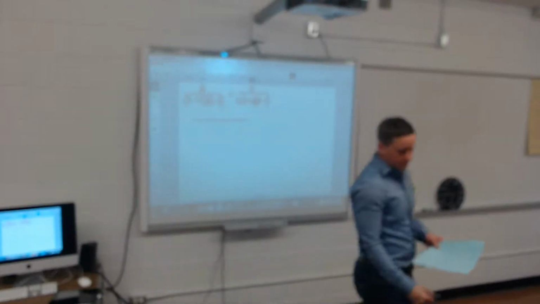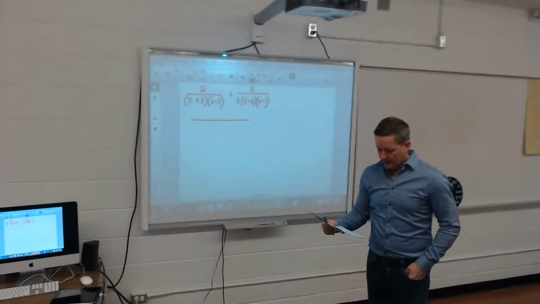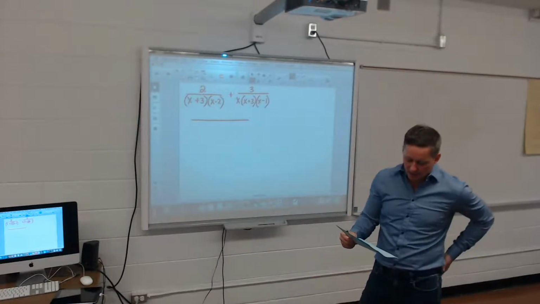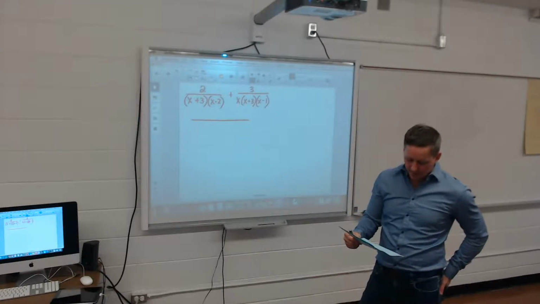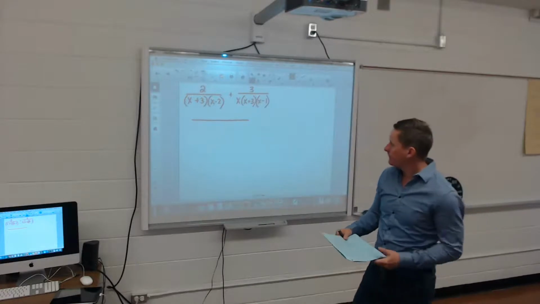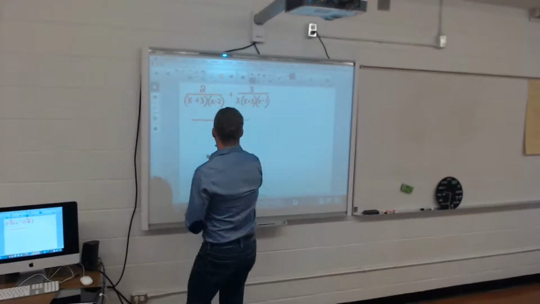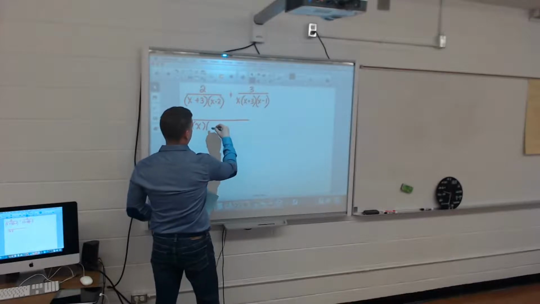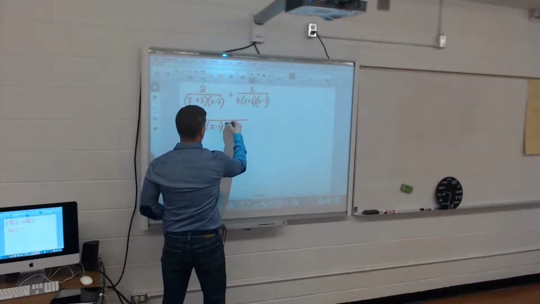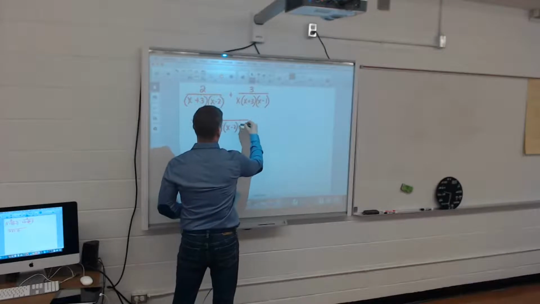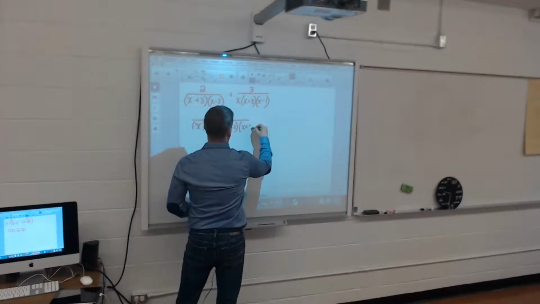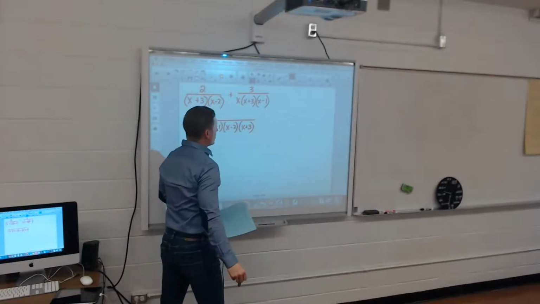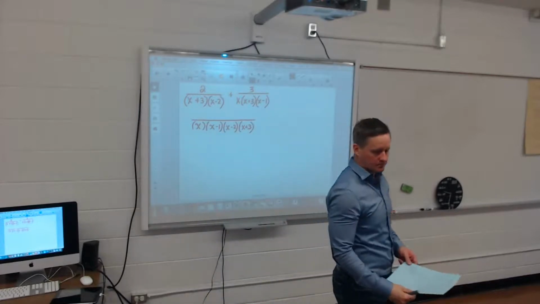Okay. Number 5. Again, I'm going to factor out an x on the bottom of the right fraction, and then I'm going to factor it at that point. So my common denominator is 4 terms again.